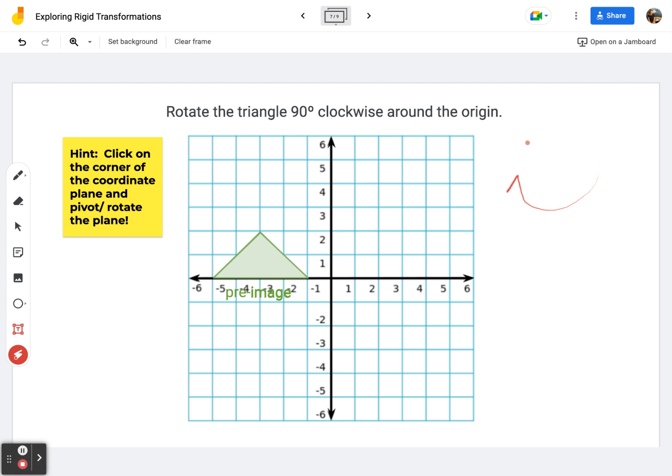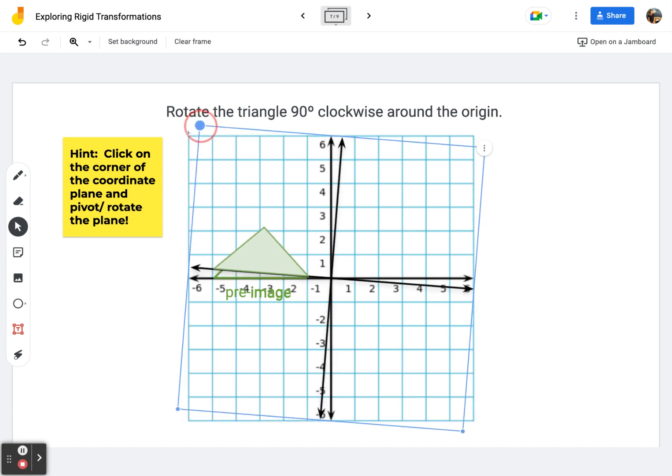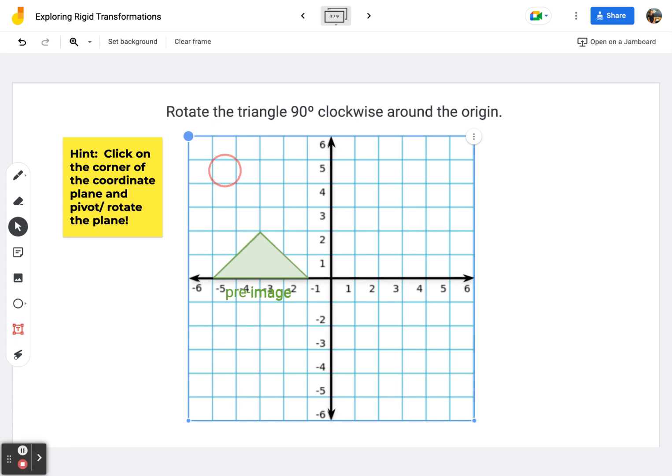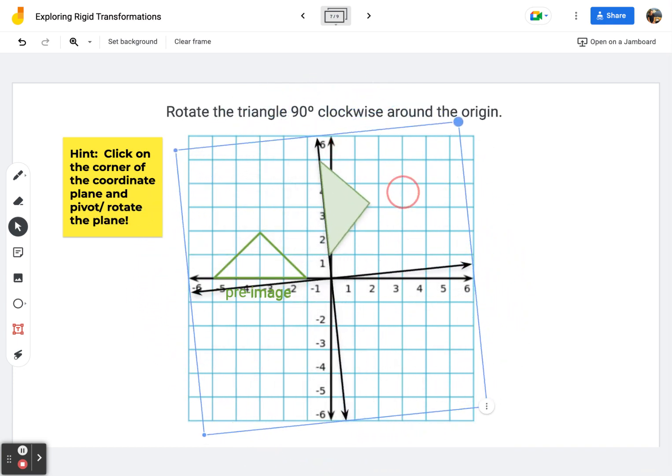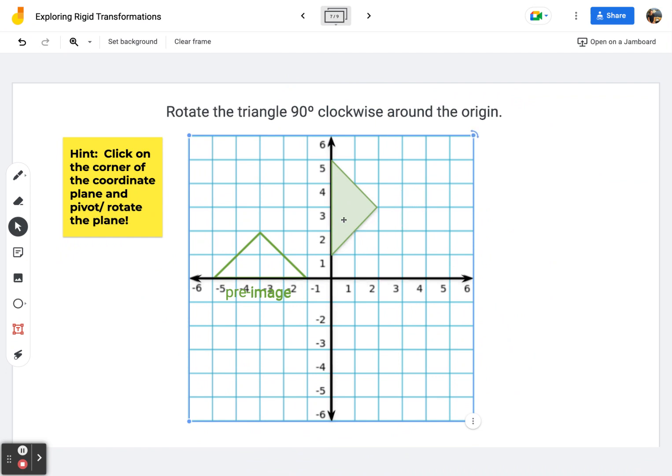Clockwise is like this, and 90 degrees is a quarter turn. So we can visualize moving the entire coordinate plane with that pre-image. Where will the pre-image land after that 90-degree clockwise rotation? It'll land right here, and that is your image.